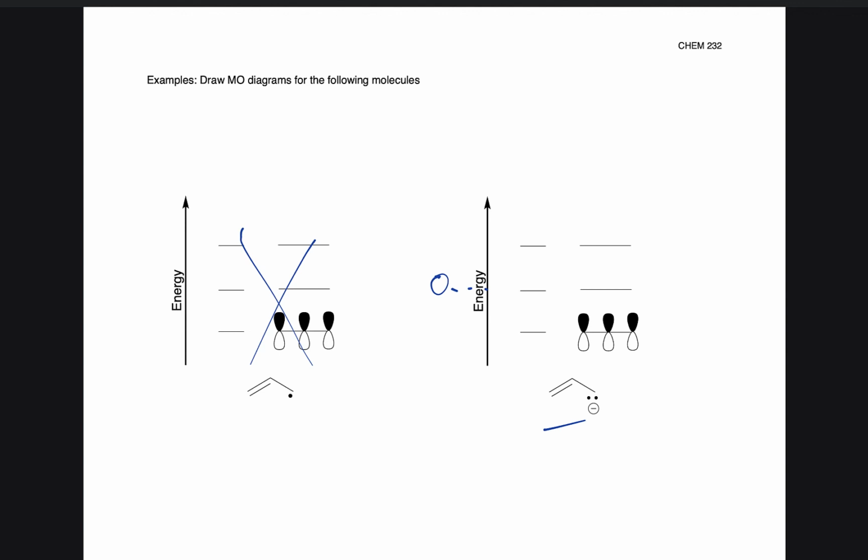And so when we're filling up our electrons here, we have four electrons from each of these conjugated electron systems, our lone pair and our pi bond. So we have this sort of placement. And so we're filling in the rest of our orbitals.